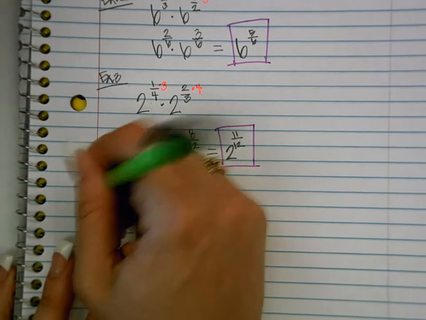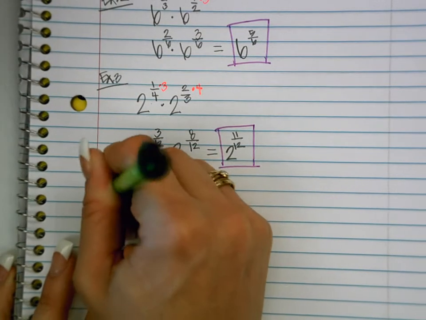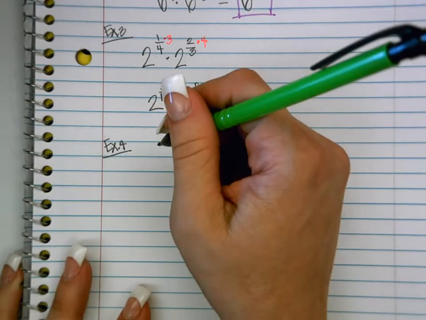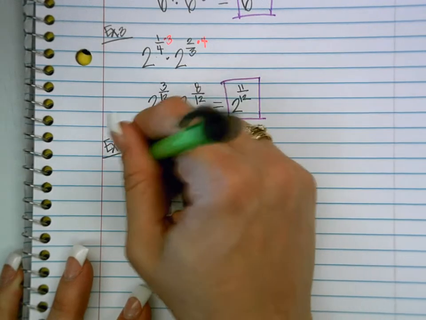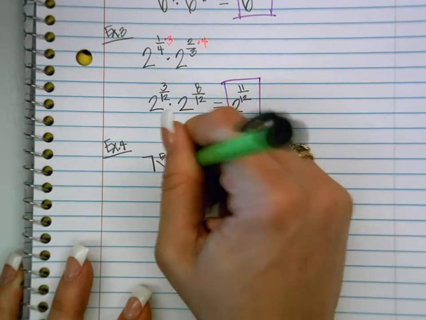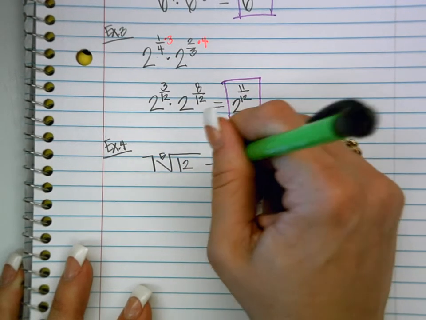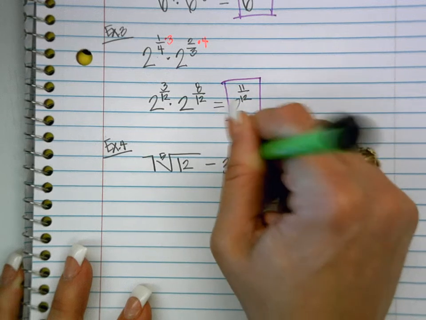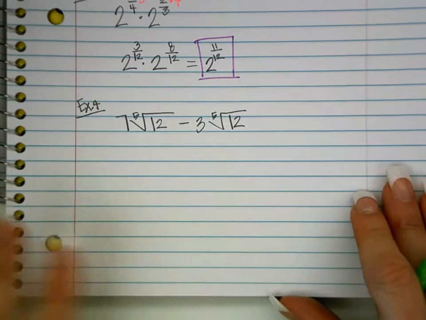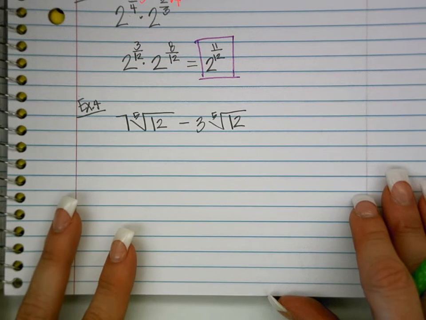Okay, the only other kind of problems you're going to have to do are ones that look like this. For example, number 4, let's try 7 fifth root of 12 minus 3 fifth root of 12.